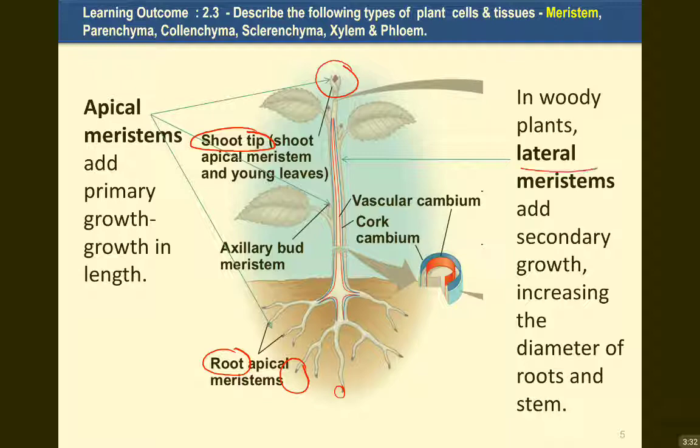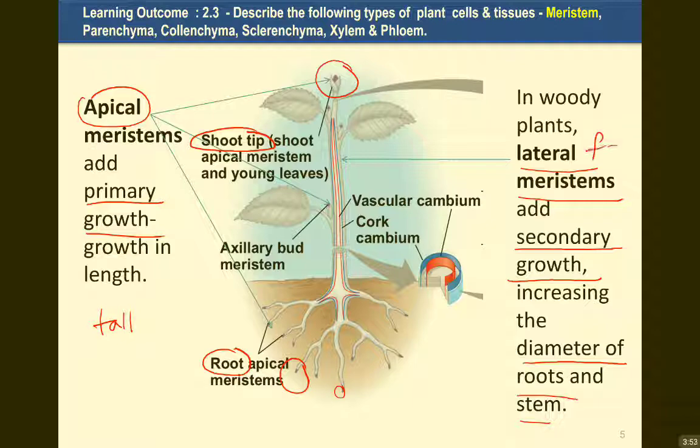So this is called apical meristem. Lateral meristem is for secondary growth, to increase the diameter of the root and the stem. So apical meristem is for primary growth. So we always say that apical meristem is for the plant to grow tall. Lateral meristem is for the plant to grow fat. Okay, increase in the diameter. This one increase in length.